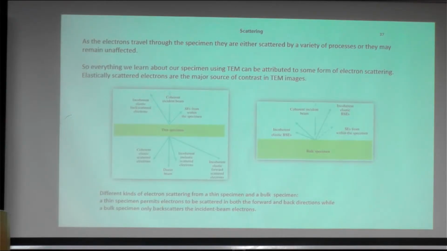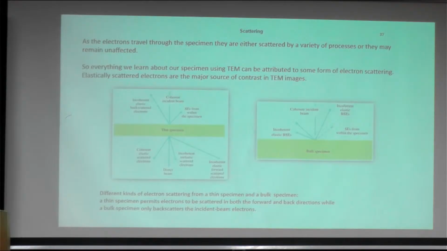So what do you need? You need to reduce the specimen thickness to several hundred nanometers, say 100 nanometers for high voltage microscopes, like 1 MeV. Maybe you need 500 nanometers, but for typical microscopes, the electron beam energy is between 200, 300, sometimes 800 kV. You need to reduce the thickness of your specimen below 100 nanometers.